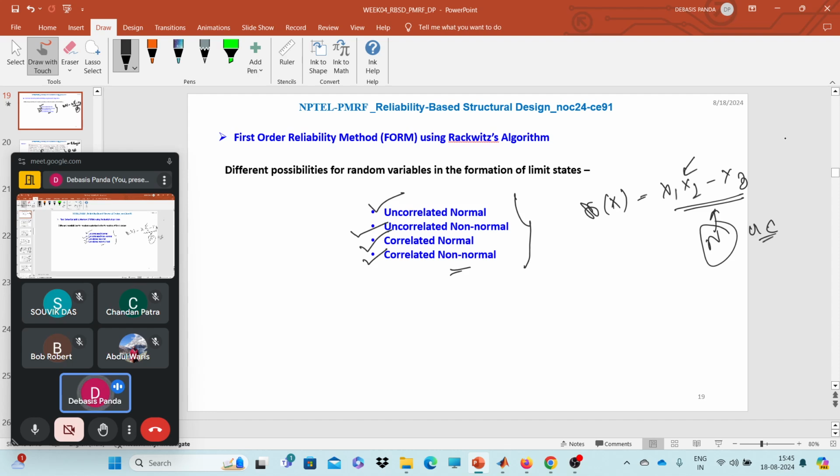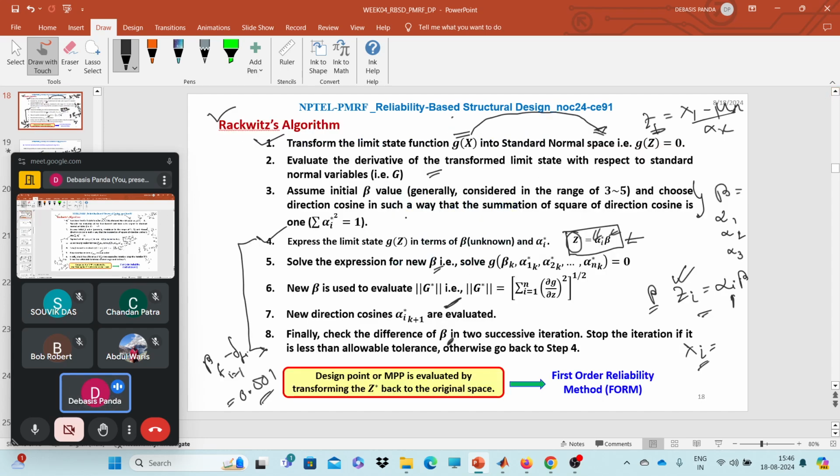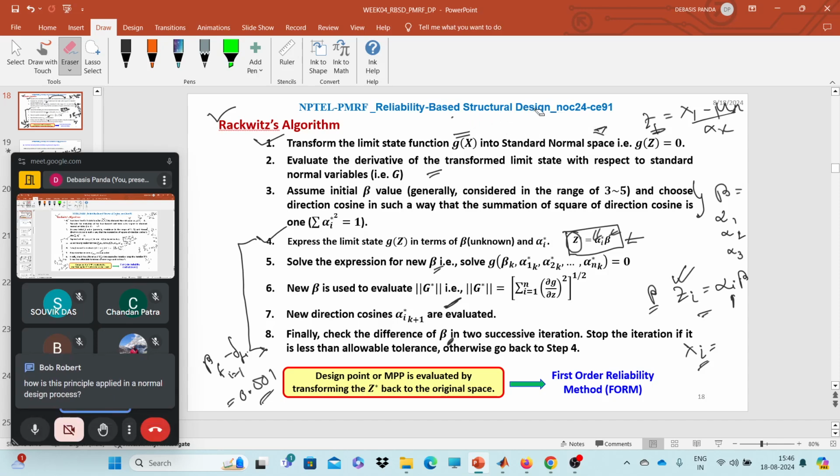You can solve it if you have patience and if you do the numerical calculations rightly, then you can reach the same level of convergence. So let's quickly revisit our algorithm so that this gets more clear, and how this principle is applied in a normal design process.